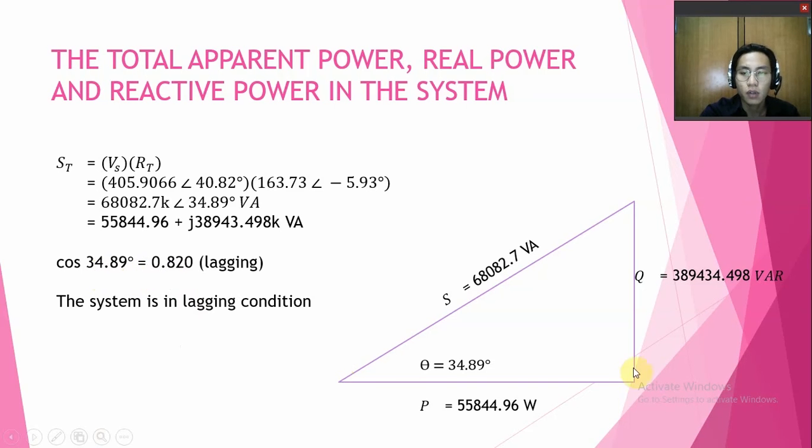Here we can draw the power triangle, where we put S, the apparent power value, the reactive power value, and the real power value, and theta, the angle for our system, is 34.89 degrees.